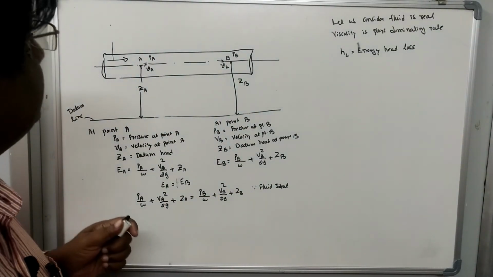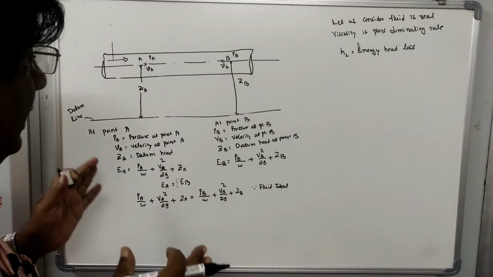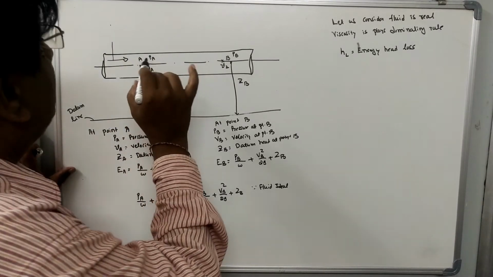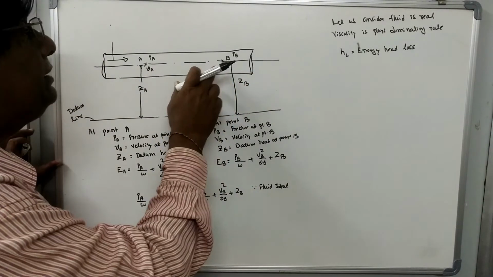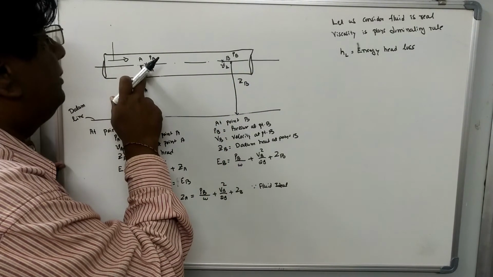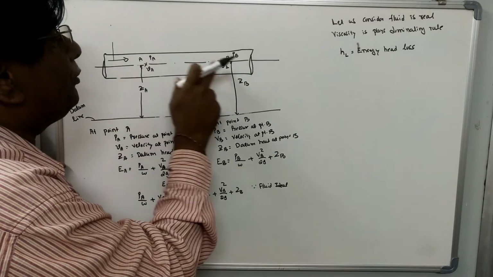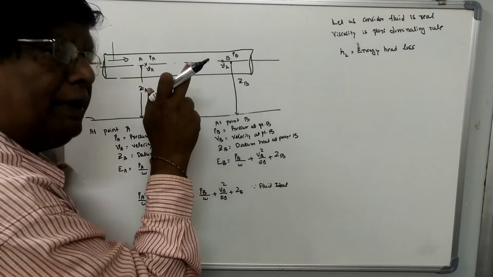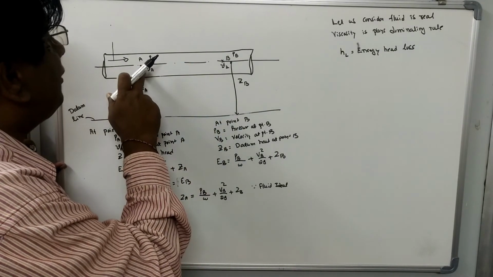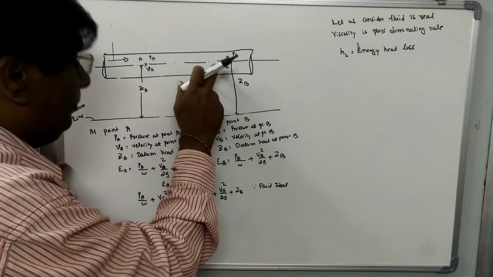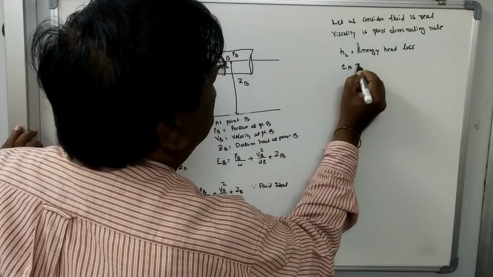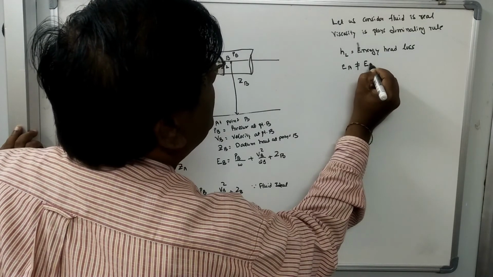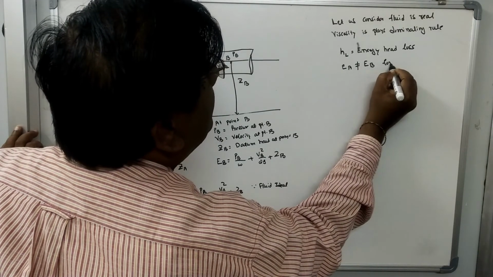So HL is the energy head loss when the fluid flows from A to B. When there is a loss of energy, it means the energy head is not the same at points A and B. It means that EA is not equal to EB for practical fluids.